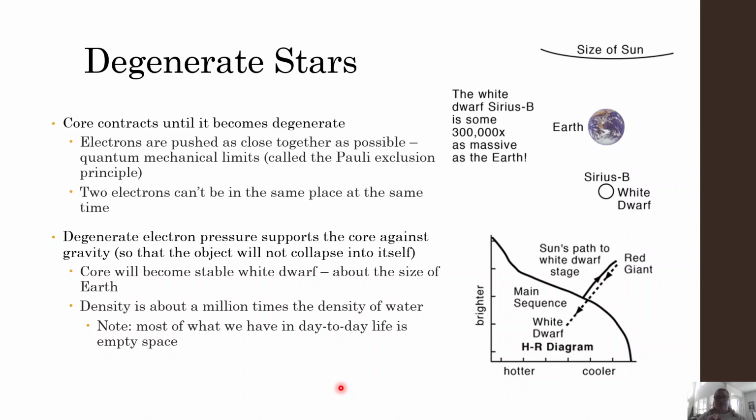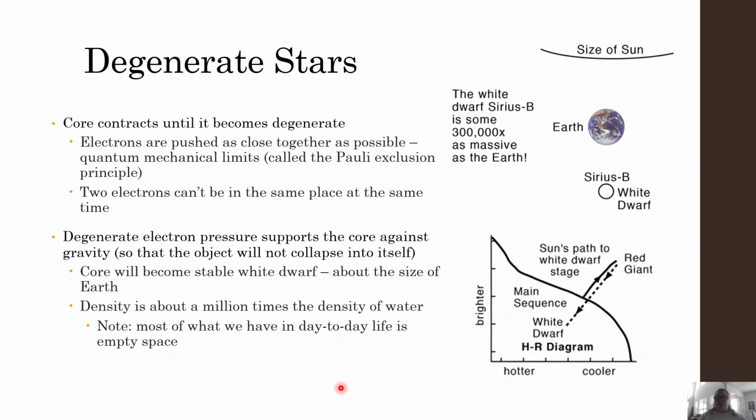A cup of something. So this material is so dense, there's so much stuff in that cup, and we can compare that to our day-to-day lives, like a cup of liquid or whatever it may be.